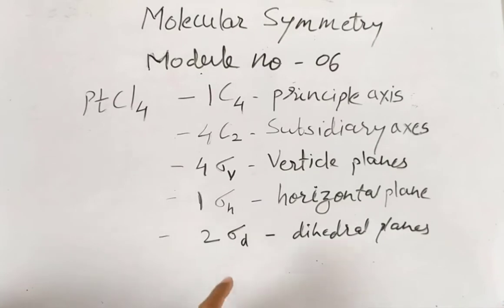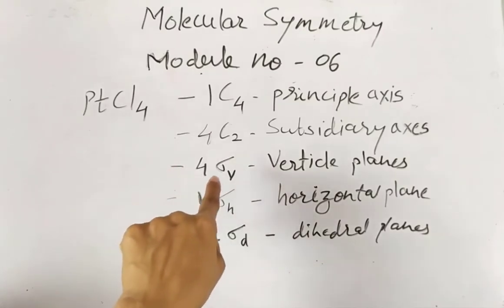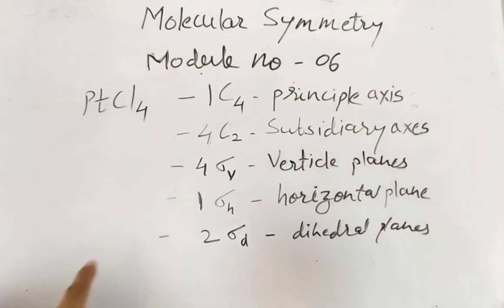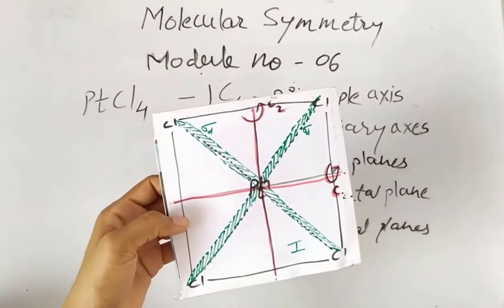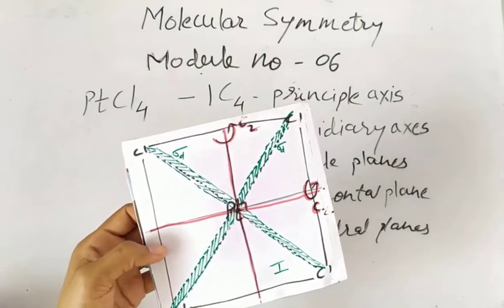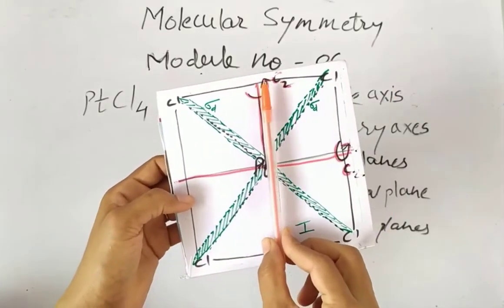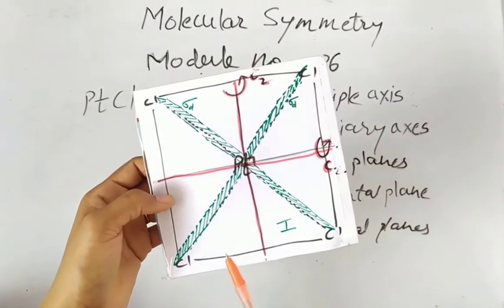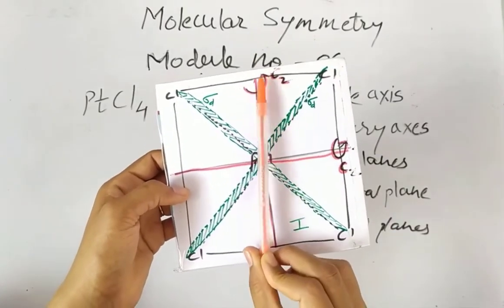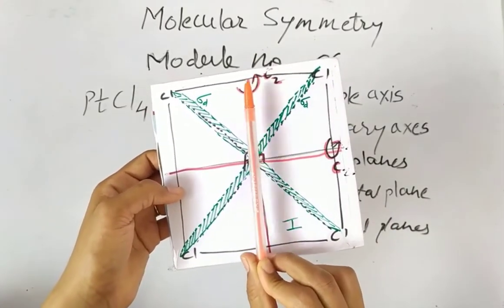But if you will look at the diagram very well, these 2 sigma D we have passed from the same place from where we have passed the vertical mirror plane. Alright, this is 1 sigma V. From the same place, if you are passing a line, then it becomes C2 axis.